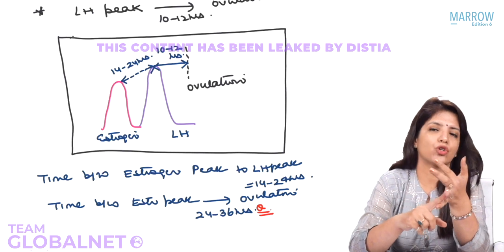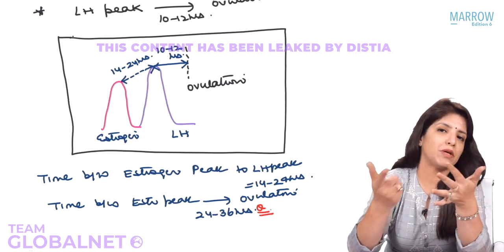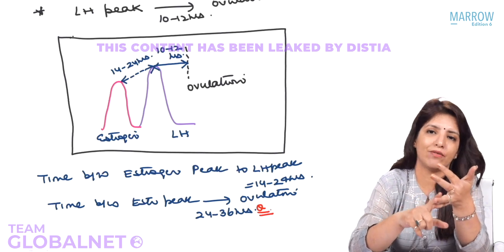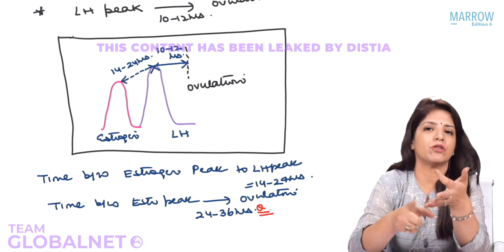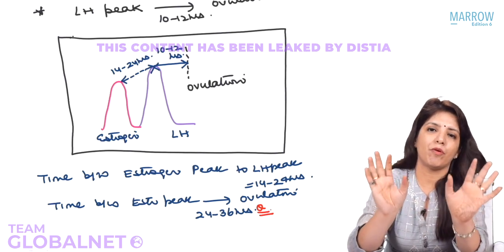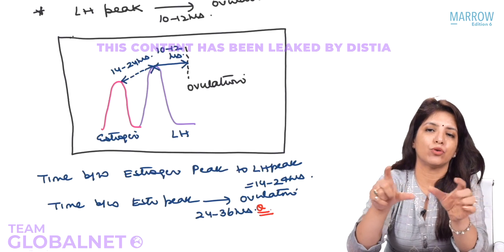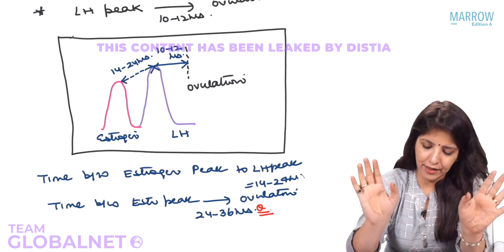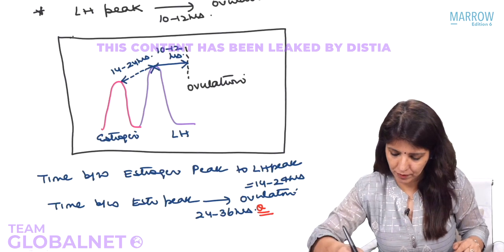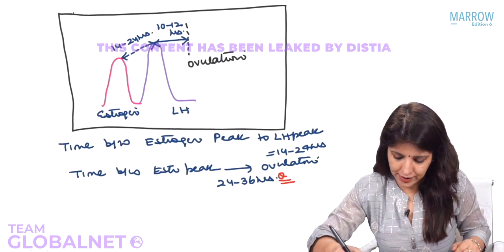Number two, they can ask you what is the time interval between LH peak and ovulation, and the time interval between LH peak and ovulation is 10 to 12 hours. Third question, time interval between estrogen peak and ovulation, 24 to 36 hours. So you have to remember only three values, 32 to 36, 24 to 36, 10 to 12. Clear? Okay. Now, next thing.